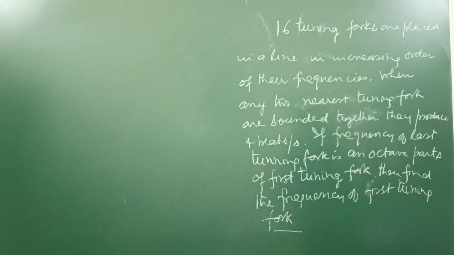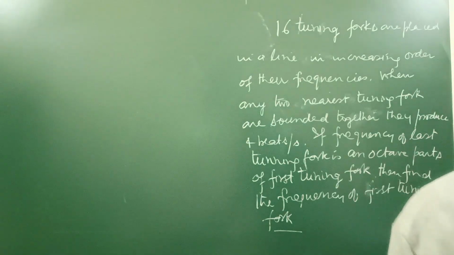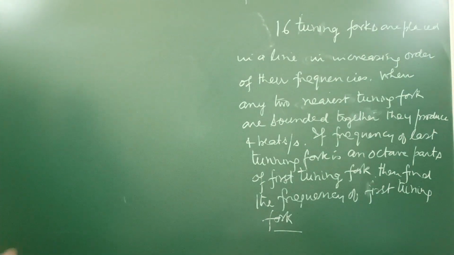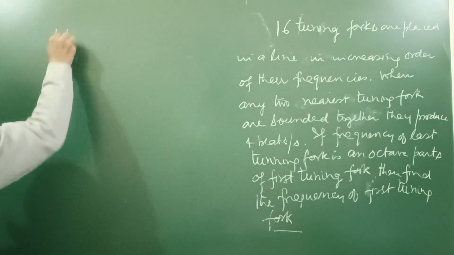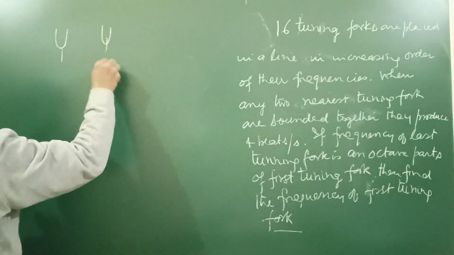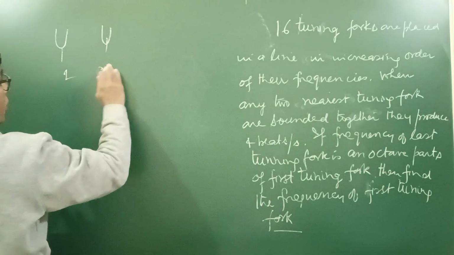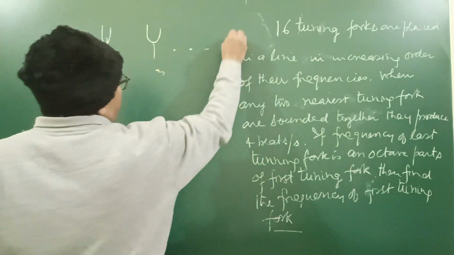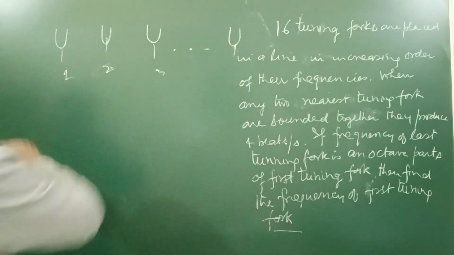Sixteen tuning forks are placed in order of their increasing frequency. When any two nearest tuning forks are sounded, they produce 4 beats per second. 1, 2, 3, and the last is 16. They are placed in this way.